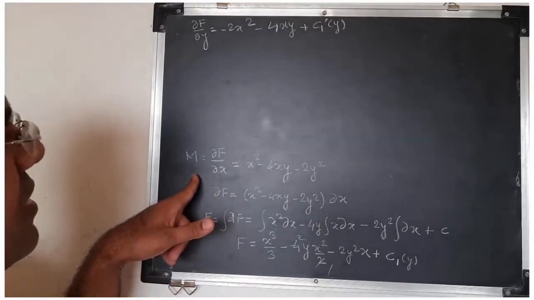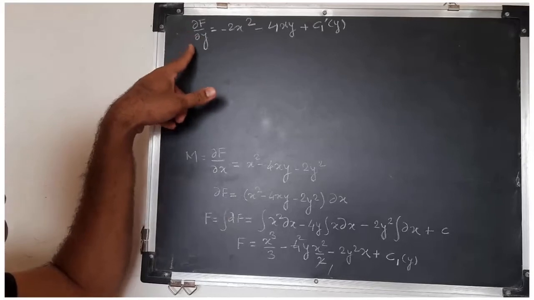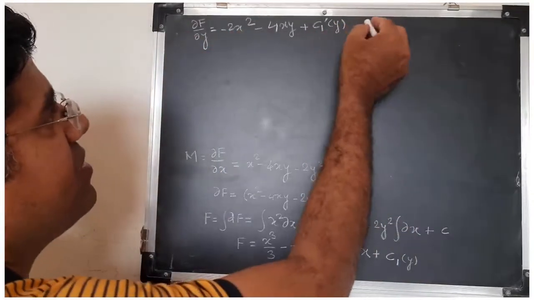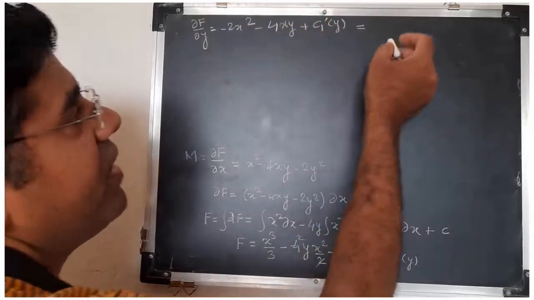But this is nothing but del f by del y, which is equal to minus 2x square minus 4xy plus c1 dash.